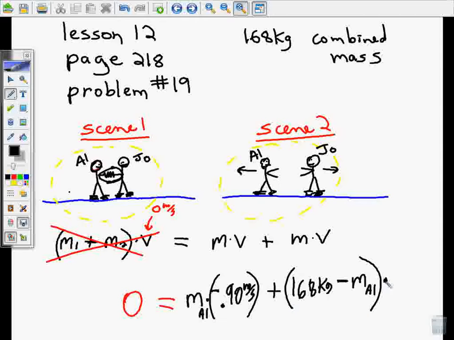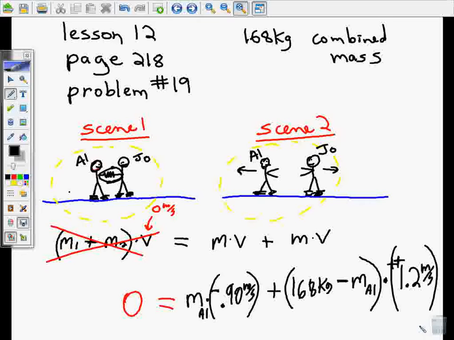And how fast does he go off? 1.2. And that's to the right, so that's going to be positive 1.2 meters per second. Although it's not the prettiest looking thing, it is one equation with one unknown.